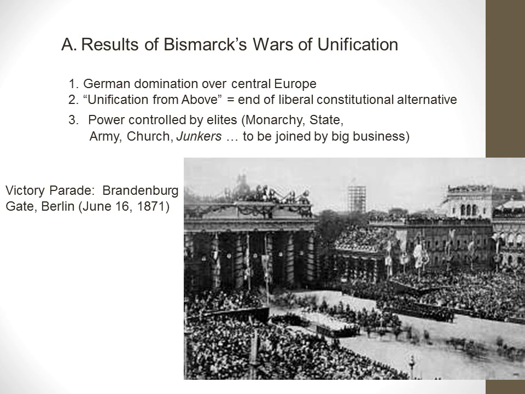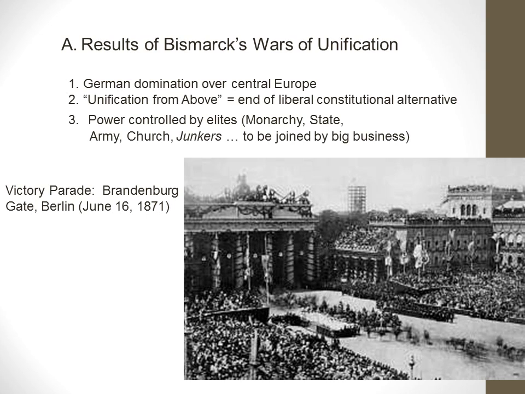Bismarck's wars of unification were unifications from above, and in some respects, even though the liberals, as you read, really become the primary ally in the first portion of Bismarck's leadership, it is also the end of the ideal constitutional alternative that liberals had pushed for in the lead up to unification.